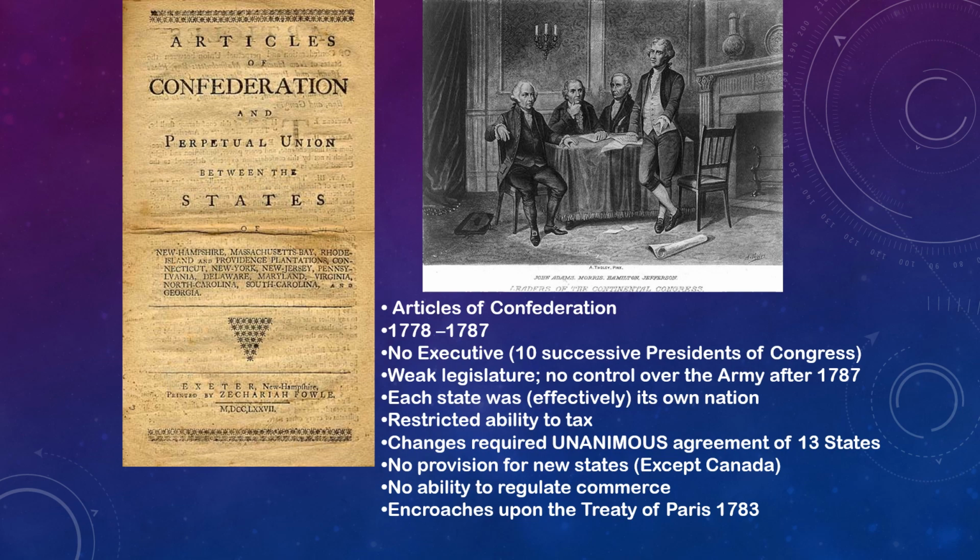A restricted ability to tax, that's the next bullet point there. The Articles of Confederation can only ask for a contribution from the states. Well, again, here's the way the states saw that. The states will say, listen, we have our own budget. You know, we have that. We have a treasury. We have all that stuff. All that stuff's set up. And we have our own government. We have our own budget.